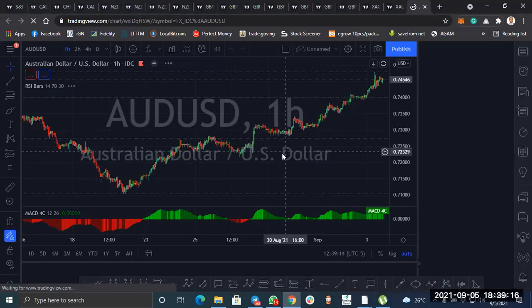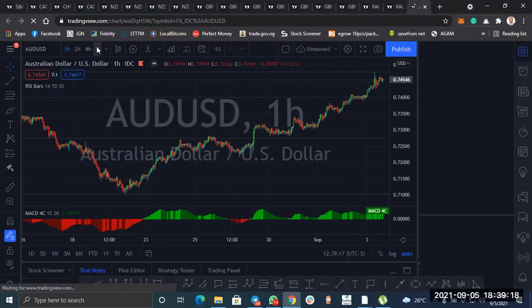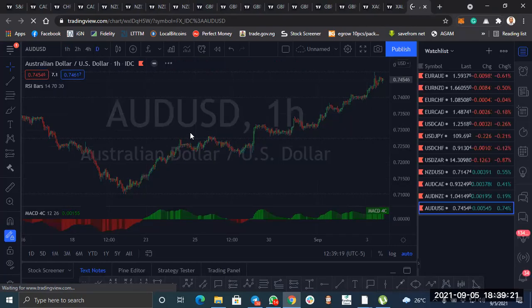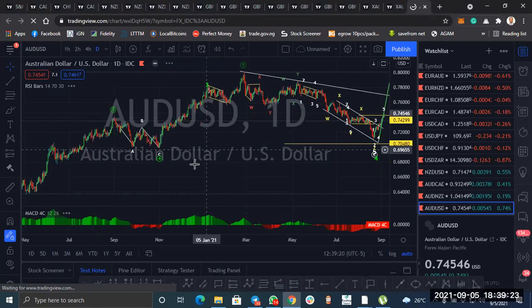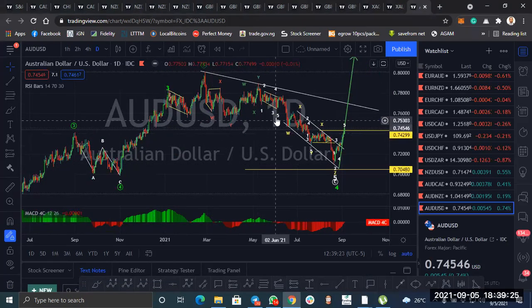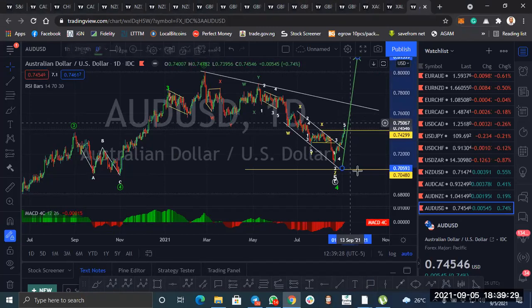AUD USD. This is a nice pair to trade, one of the best pairs you can trade. Now you can see after correction, let me shift this so as you see. After correction, you see the strong buying.